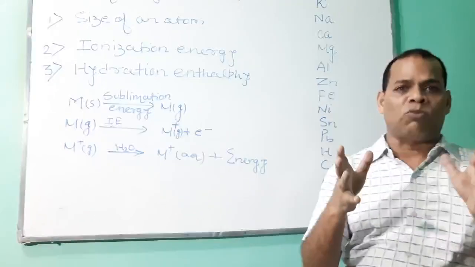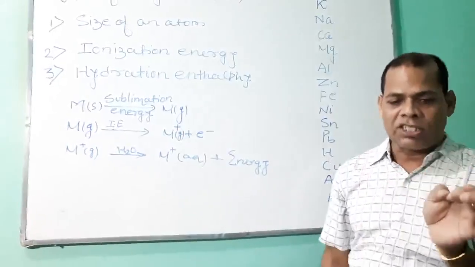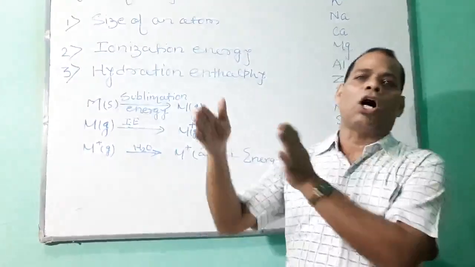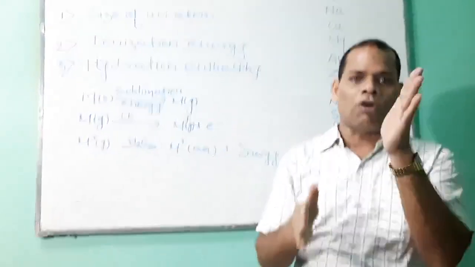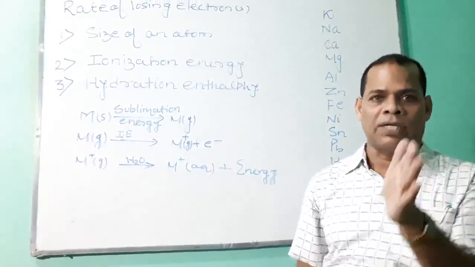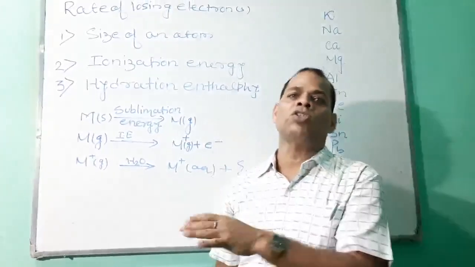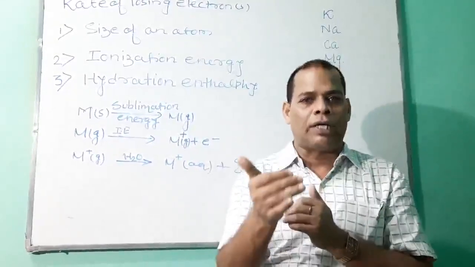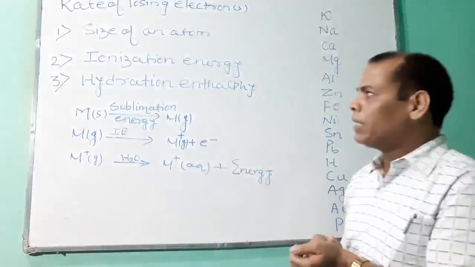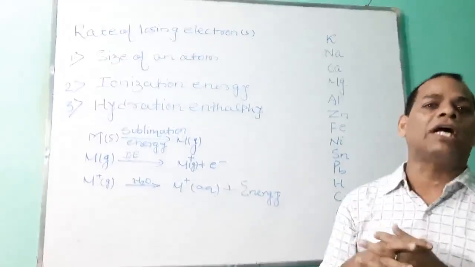By size of an atom, what does it mean? It is the distance from the nucleus of an atom to the outermost shell of the atom. That is called the size of an atom. Second, ionization energy.